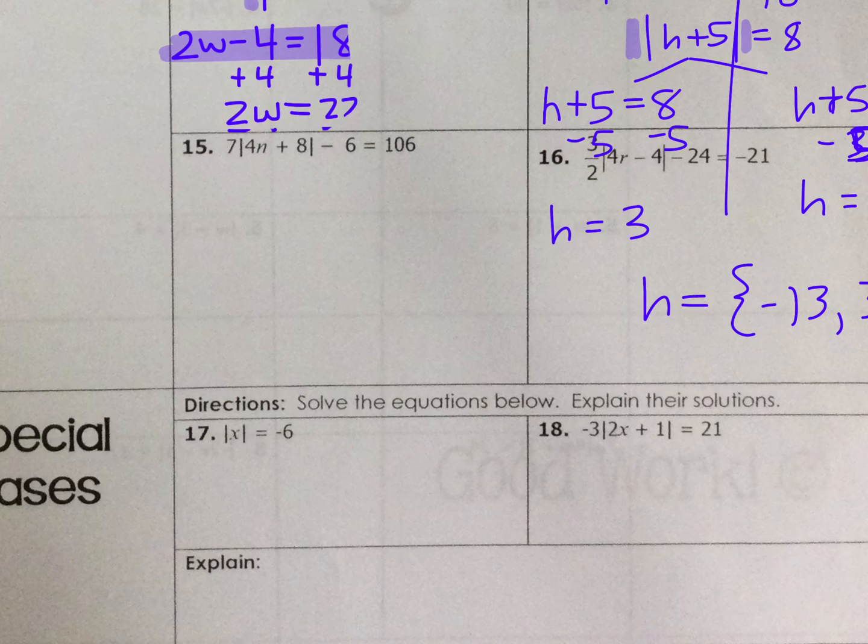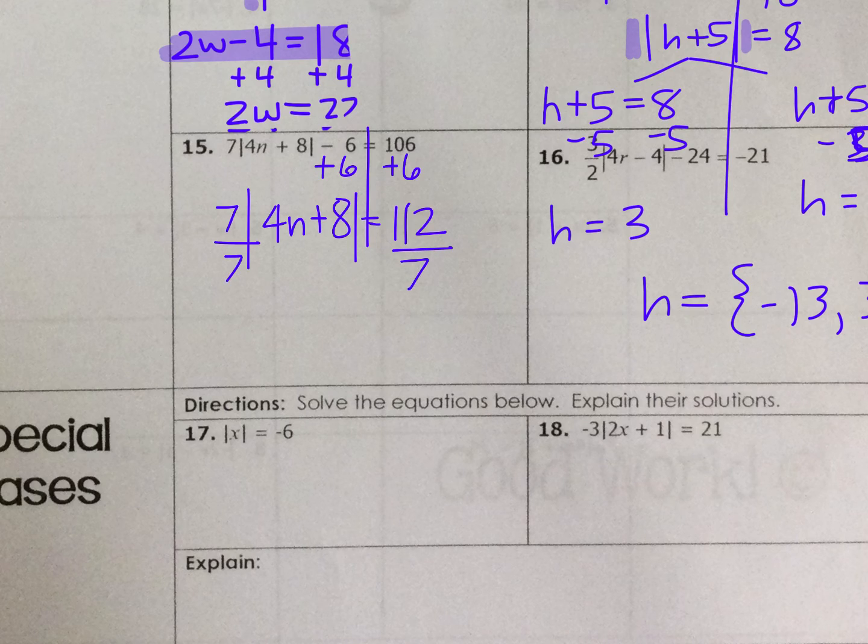I'm just going to walk you through these steps real quick too. So the first thing that has to go away is the 6. 4n plus 8 equals 112. Now the 7 has to go away. Then I get 4n plus 8 equals 18.